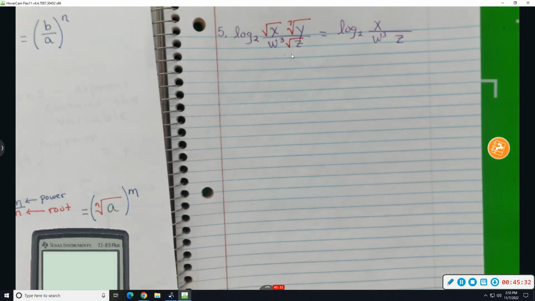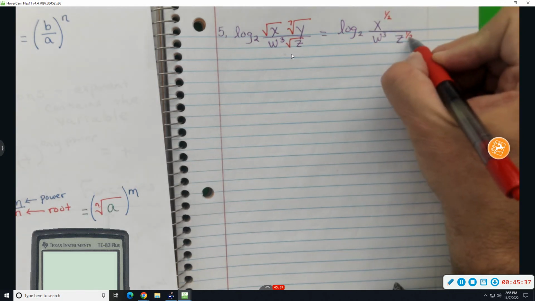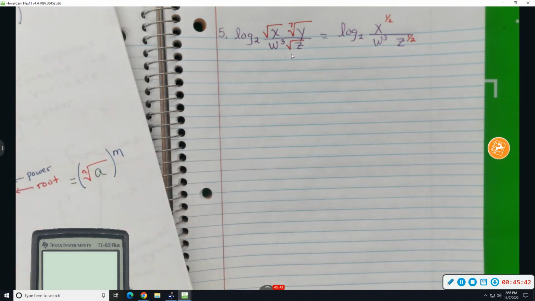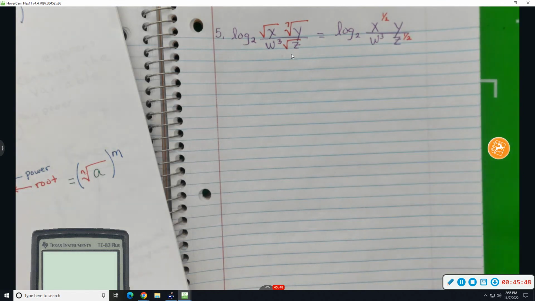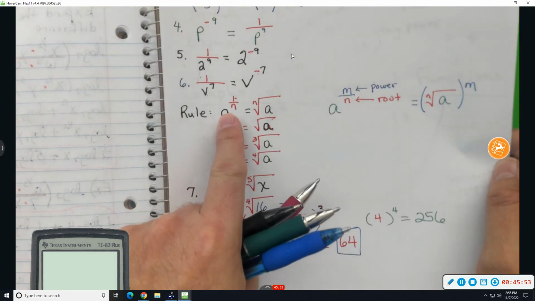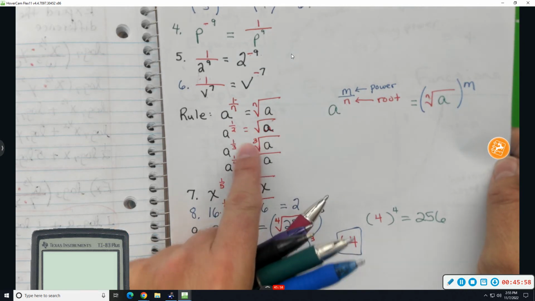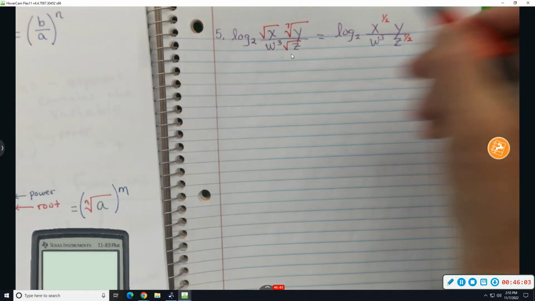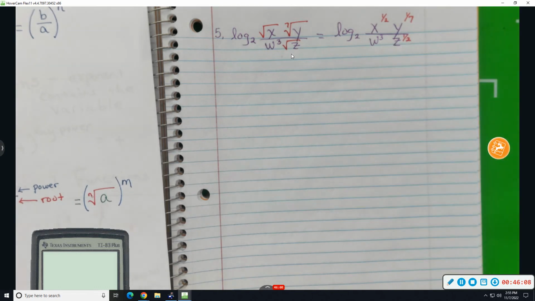And what about a 7th root? I would write that with what exponent? 1 over 7. An nth root is a 1 over n exponent. Like a square root is a 1/2, a cube root 1/3, 4th root 1/4, and so forth. A 7th root 1 over 7.